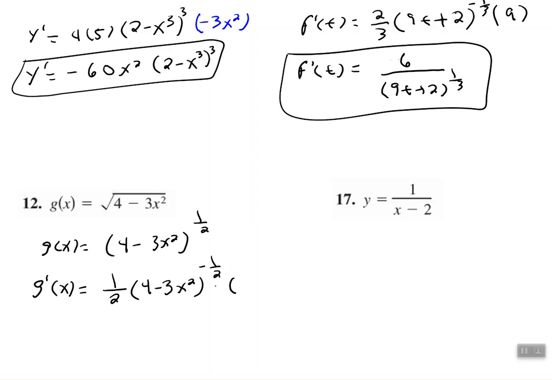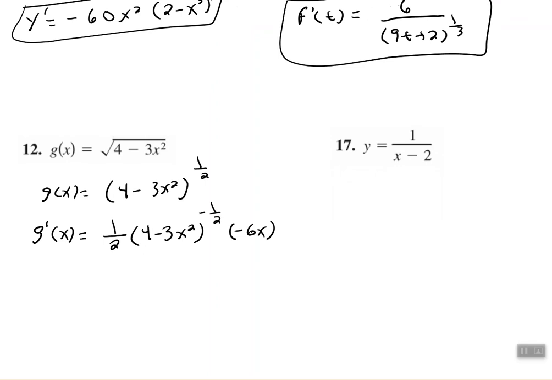So the derivative of negative 3x squared is negative 6x. Simplify it. So 1/2 of negative 6x.